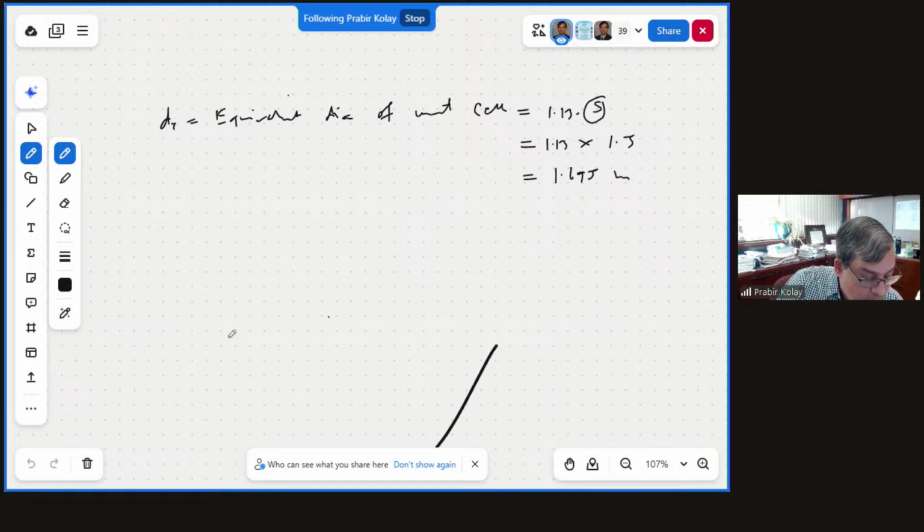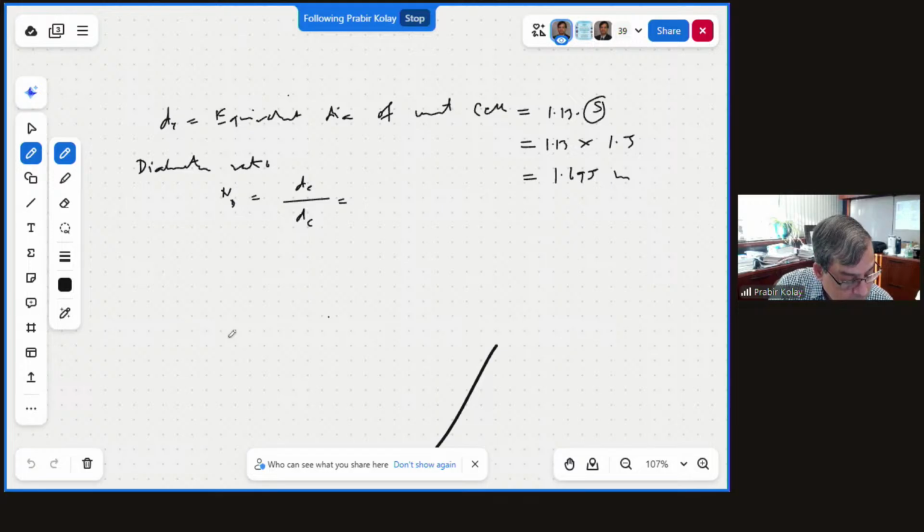So you need to find out the diameter ratio. So you can calculate the diameter ratio. Sometimes we call it ND, and that is DE divided by DC.